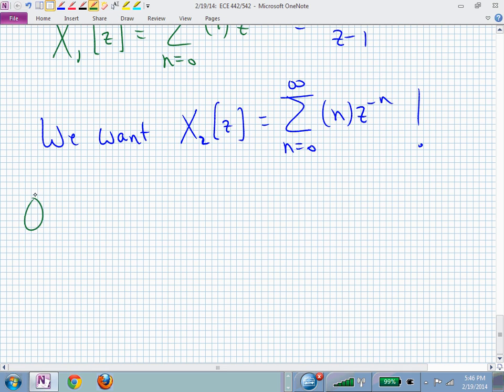Here is our observation that's allowing us to make this connection between the z transform of capital X sub 1 and capital X sub 2.